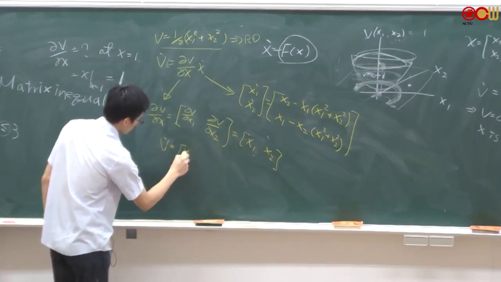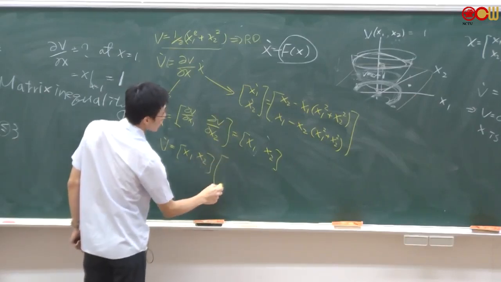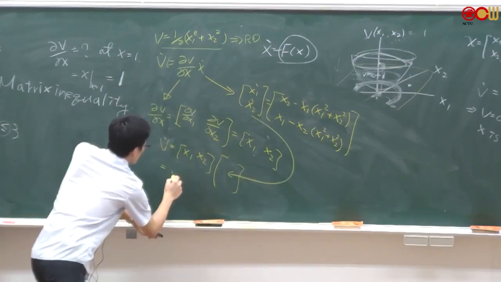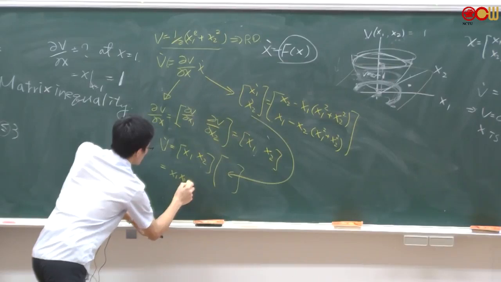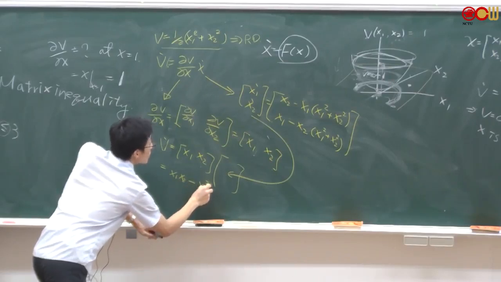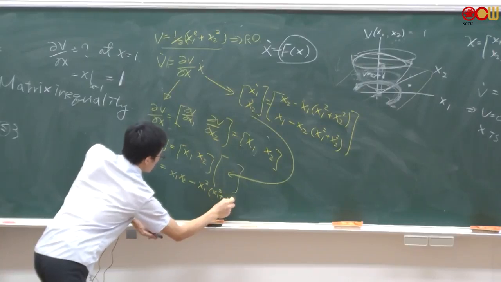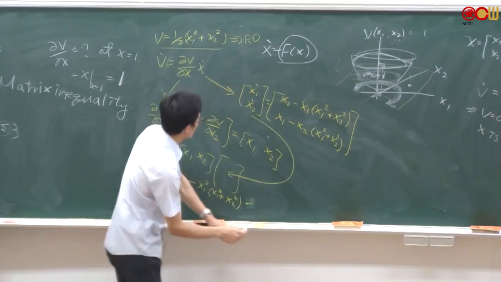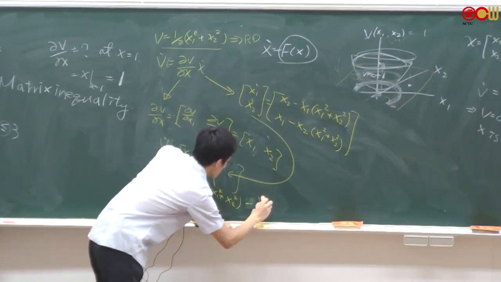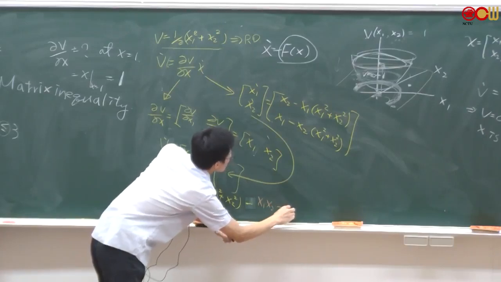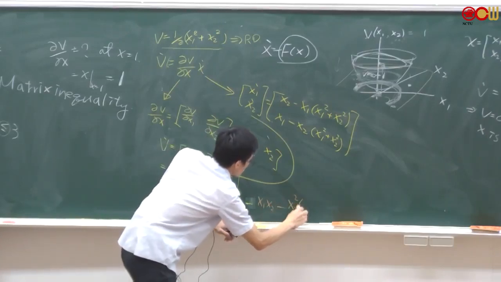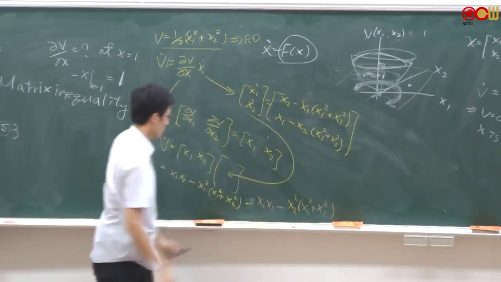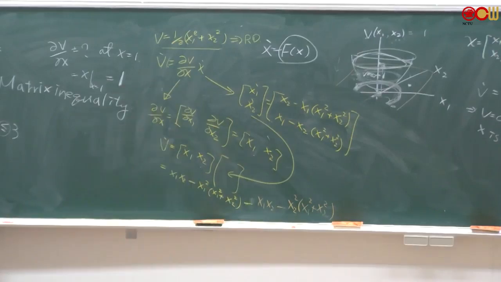So your v dot will be x1, x2 times this. There will be x1, x2 minus x1 squared, plus the second part, x2, x1, x2 minus x2 squared, x1 squared. Let me put a minus here.